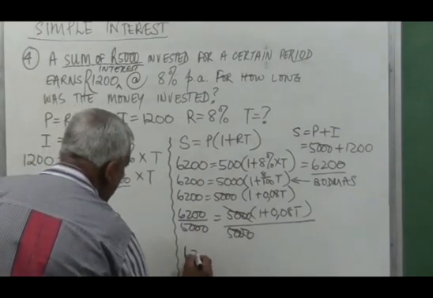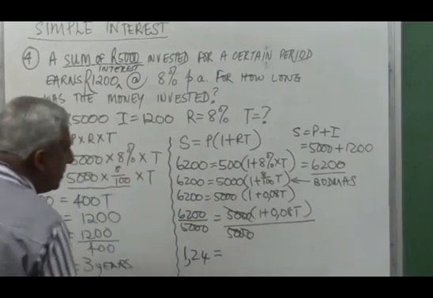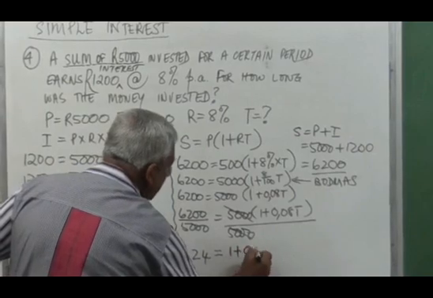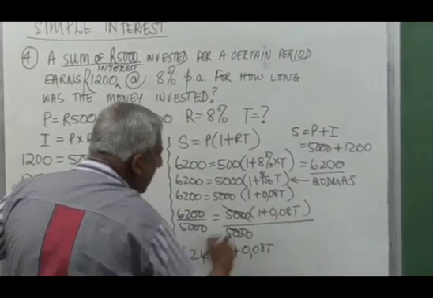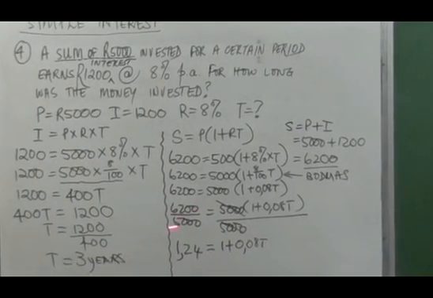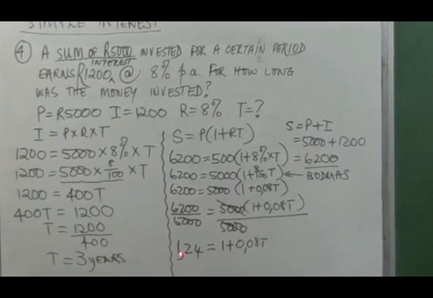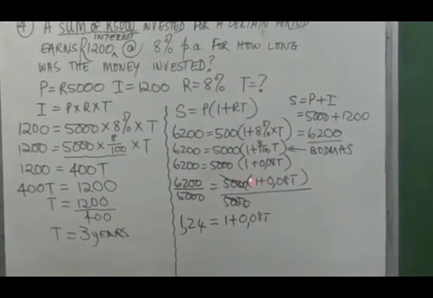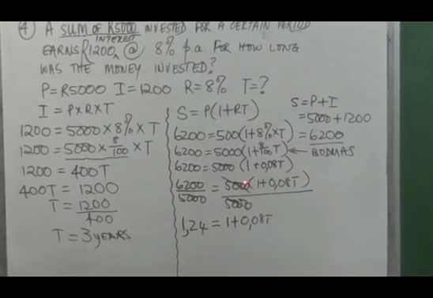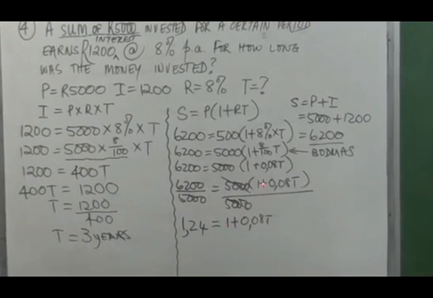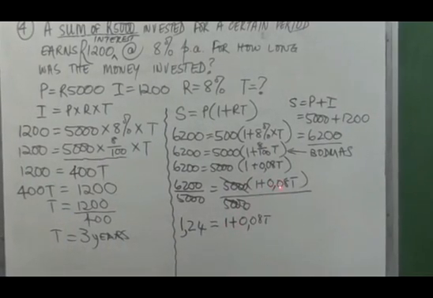So you're left with 1 plus 0,08 t. You're only left with what is in the bracket. Those cancel off. You can ignore the brackets because there's a plus sign in front of it. Or if you open the bracket out, you'll get 1 plus 0,08 t. Now you're solving this equation.